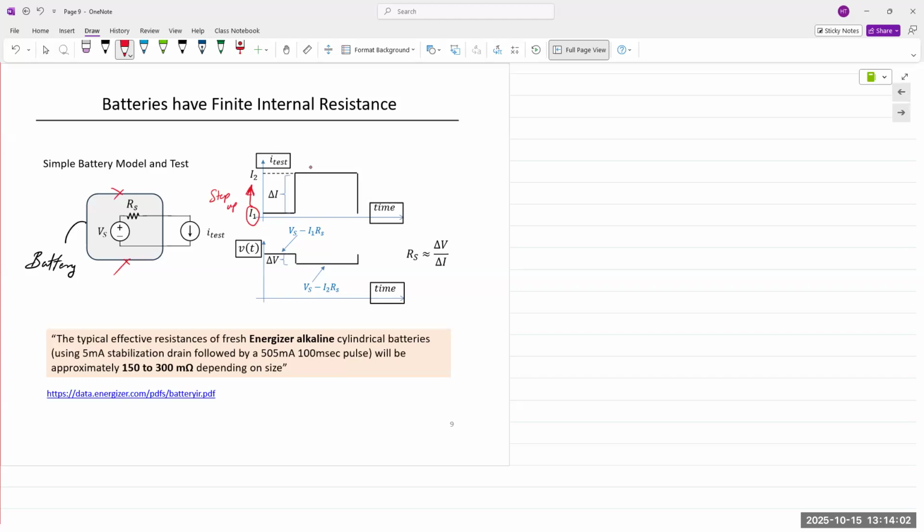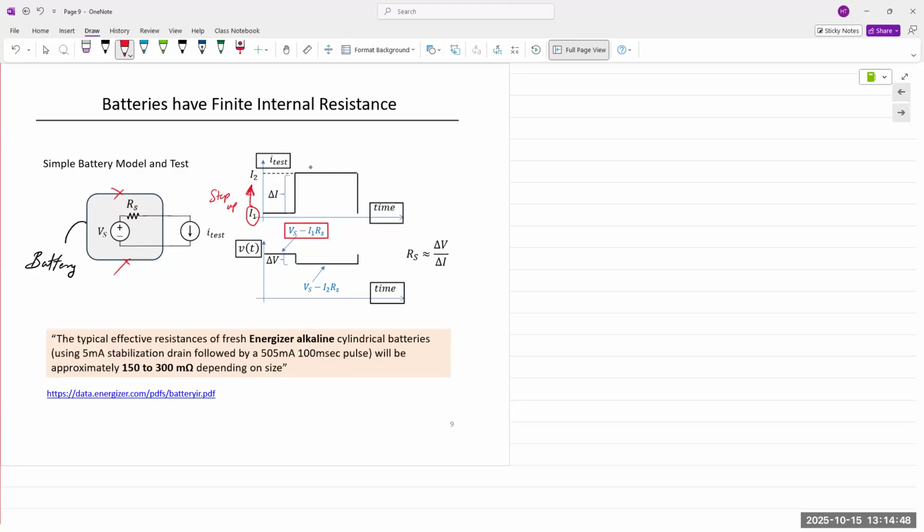Now, a combination of Ohm's law and KVL gives us the equation that the output voltage is the source voltage Vs minus the voltage drop across the source resistance. Source resistance is Rs, unknown to us. We know the current that's going to flow through that battery cell, and we know Vs is 1.5 volts, so 1.5 volts minus that voltage drop should be the result of that KVL expression.